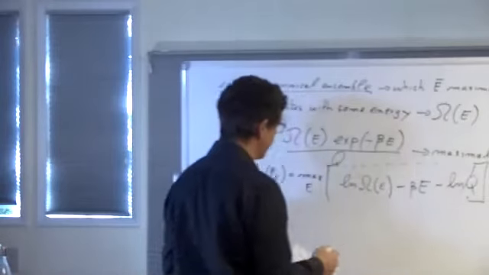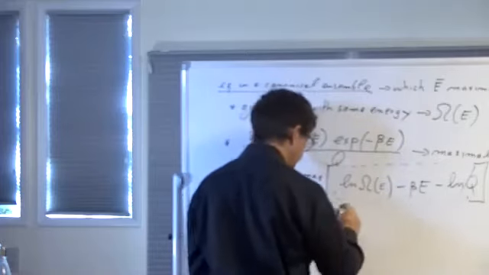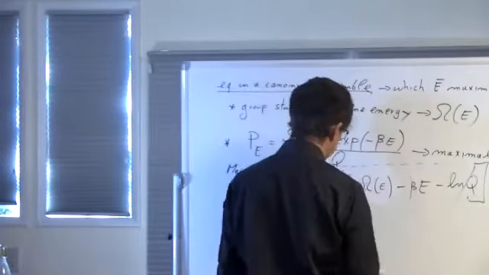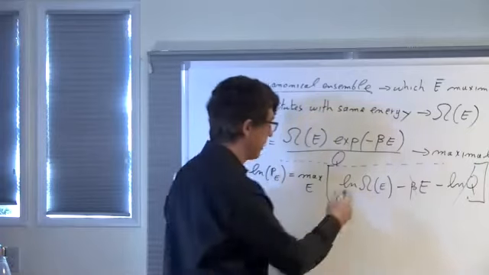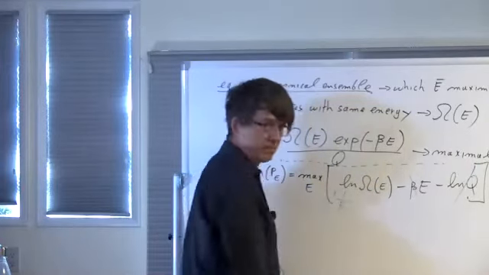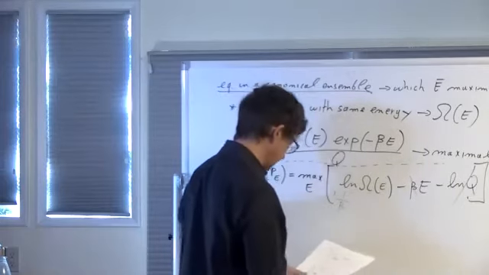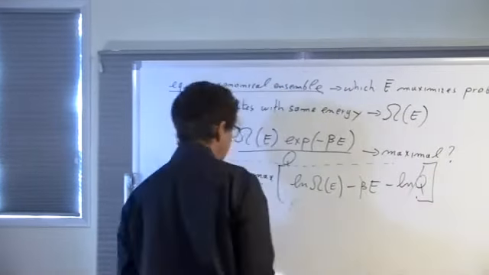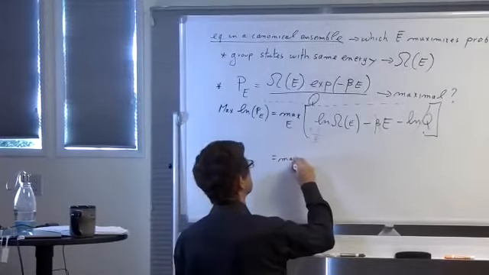Okay, so I'm going to now multiply here by 1 over beta, so that this goes too. And by the way, I can do that because beta is a positive quantity. If I'm maximizing this, I can maximize that multiplied by some positive number. But we have to do that to see the beauty, because what are we really maximizing?